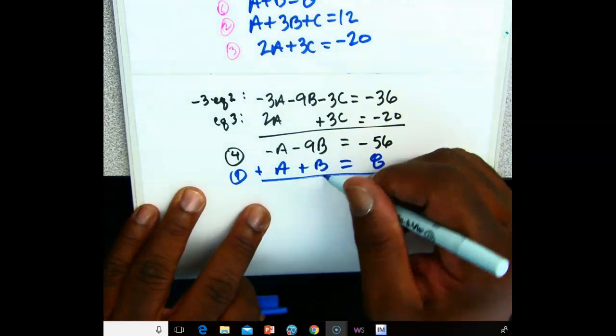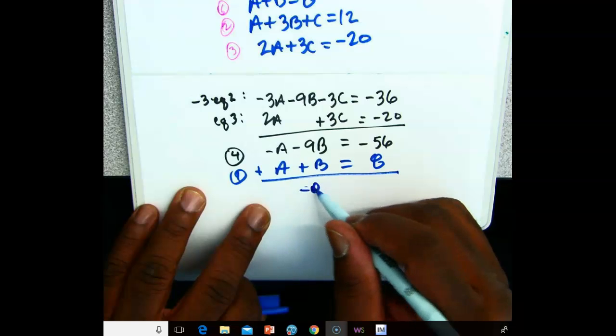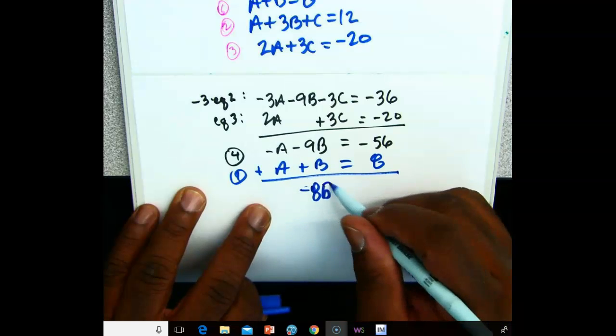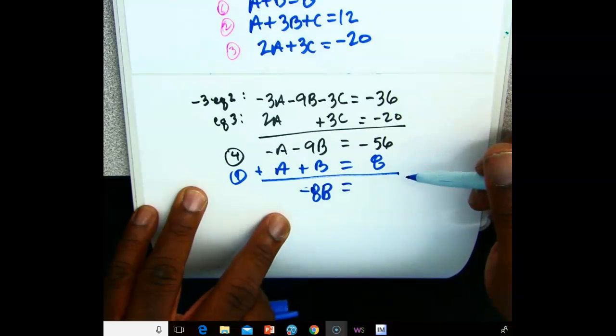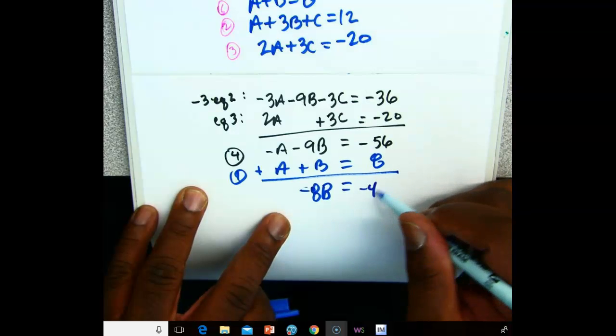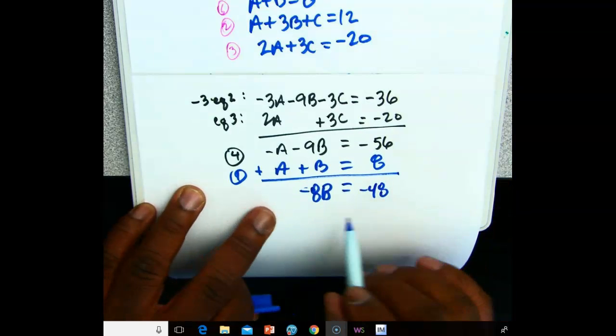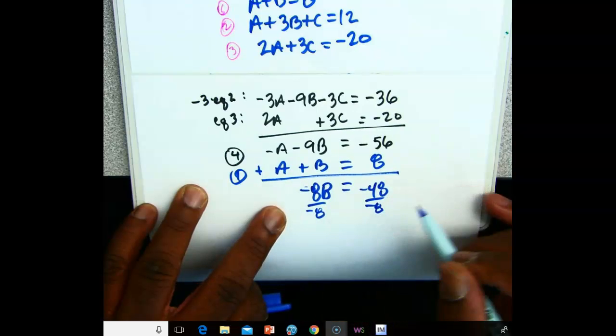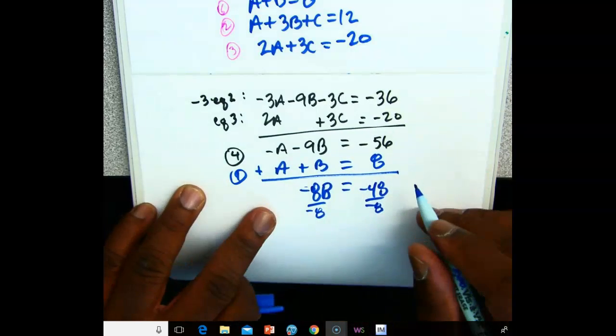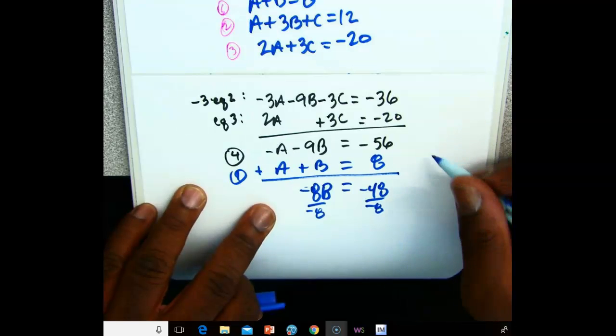Negative 9b plus b is negative 8b. And that's equal to negative 56 plus 8, negative 48. Divide both sides by negative 8. And we're going to get b is equal to 6.